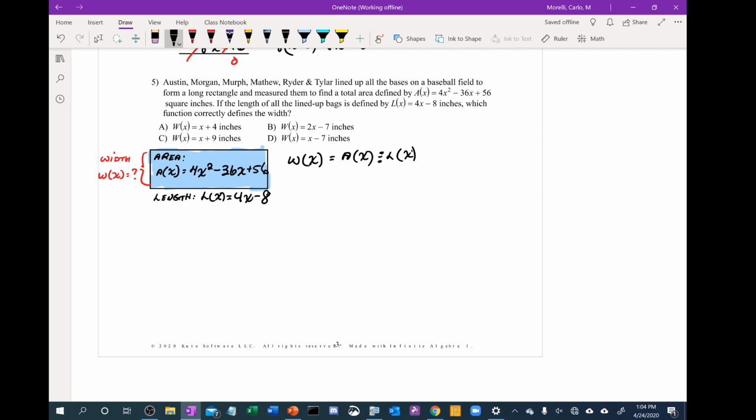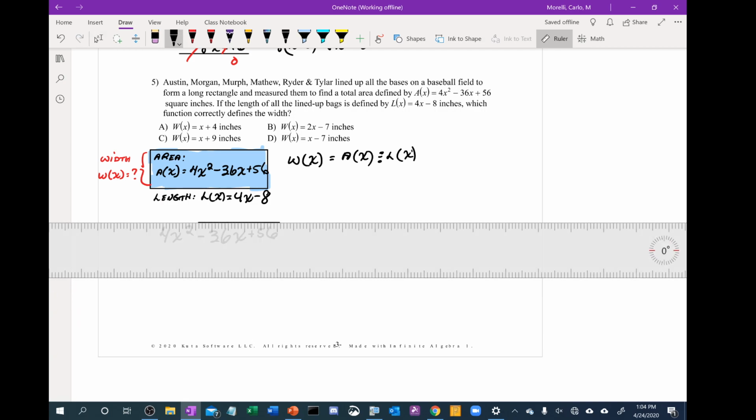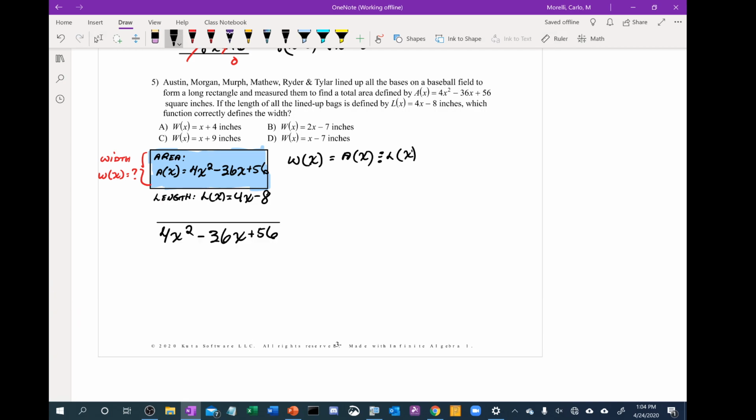So substituting in those values into our long division format, we have 4x squared minus 36x plus 56. Take the ruler, put in that long division symbol, and then write the divisor, which is 4x minus 8.